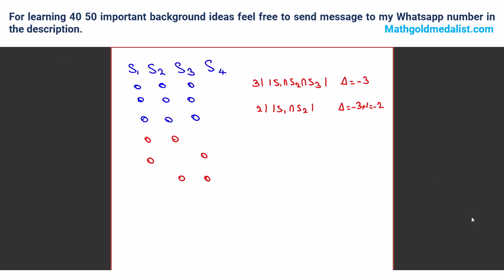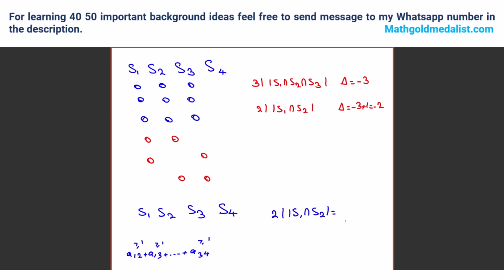Now, do you agree by this approach we reach a case where all of the A's except A1,2, A1,3 to A1,4 are 0? And do you agree they are not 0, right? Each of them should be at least 1. Agreed? Okay. So can you tell me, 2 divides S1 intersect S2.